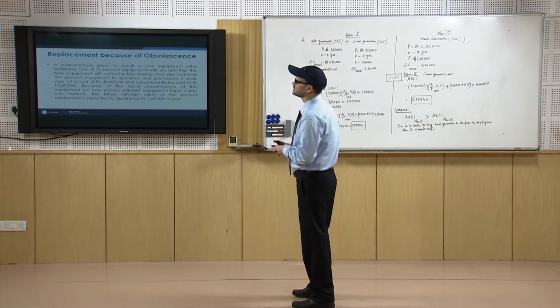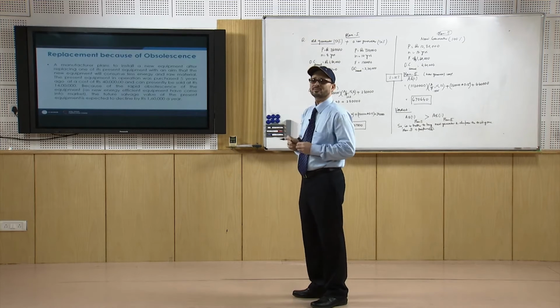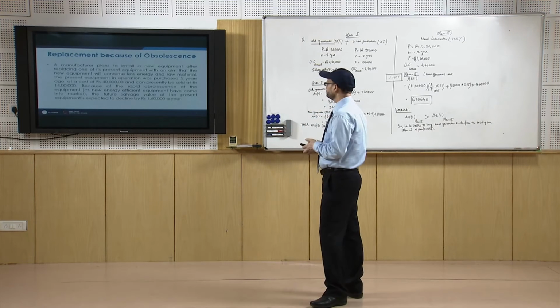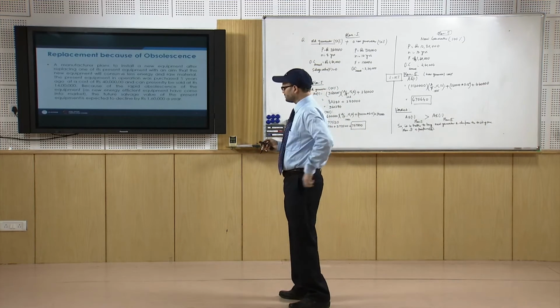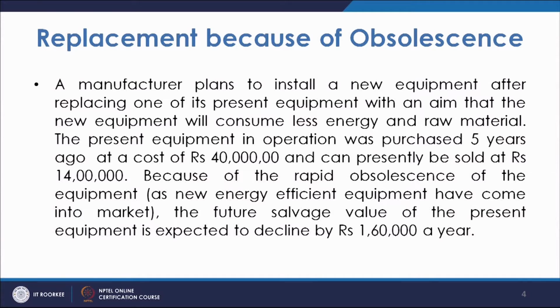This problem is replacement because of the obsolescence. This problem says that the manufacturer plans to install a new equipment after replacing one of its present equipment with an aim that the new equipment will consume less energy and raw material.